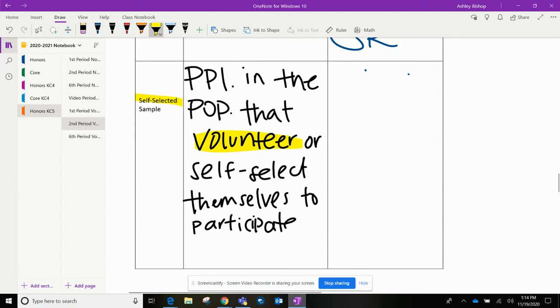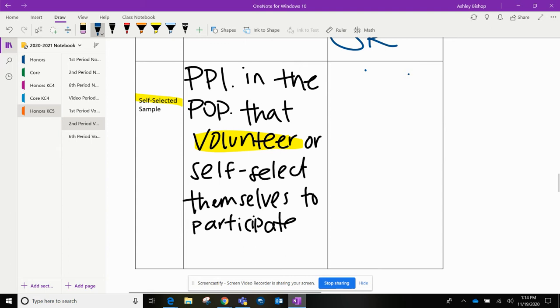So when you are at home and you're on Facebook and you're looking on BuzzFeed, usually on Facebook, some ads will pop up to take a survey. And if you willingly do that, nobody's telling you to do it. If you willingly do it, you are part of their sample that is self-selected. So if I were to send you a link saying, hey, if you could take the survey from me, I would really appreciate it, but it's optional.